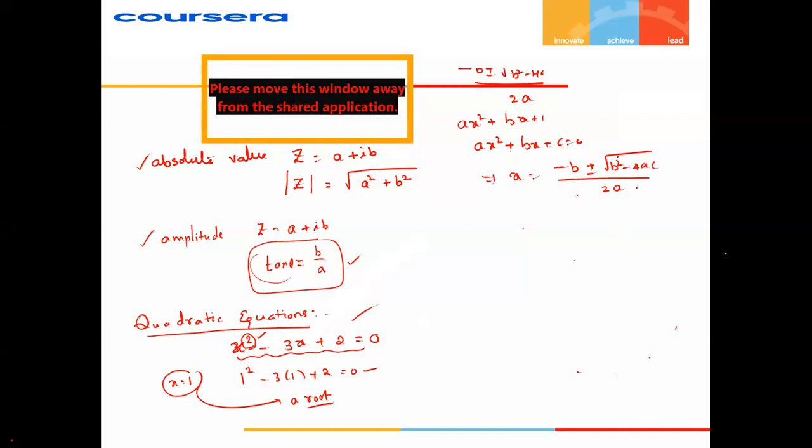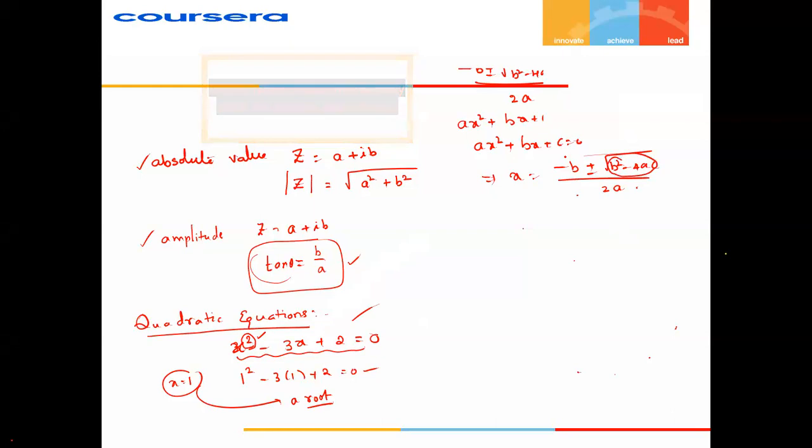So here actually this term is something important for us, right? What it tells us is, without solving it, sometimes we don't want the x values. We want to find what kind of roots it will have. That depends on this.